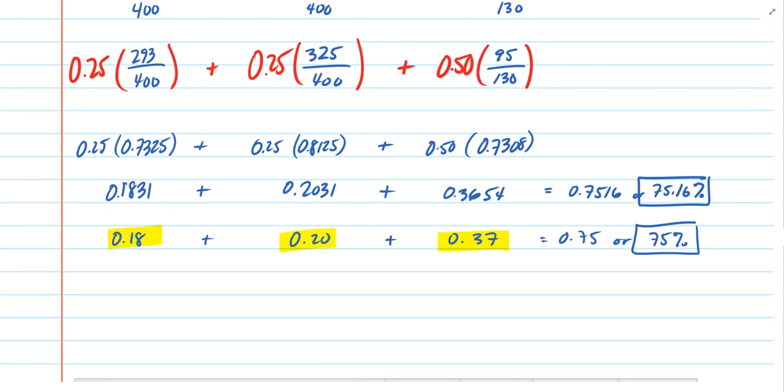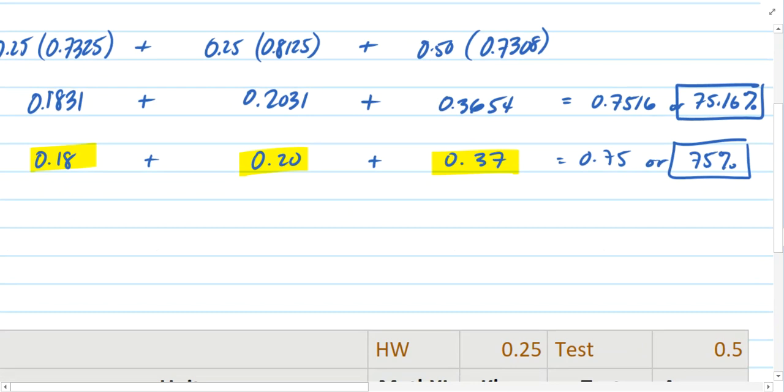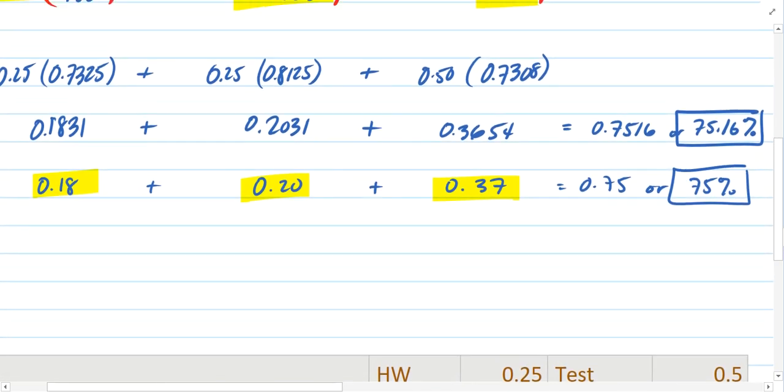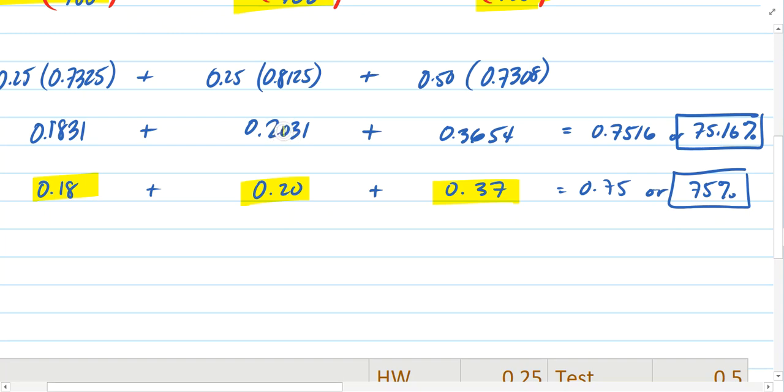In the examples in class, I actually rounded each of these numbers to the nearest whole percentage before I computed the final result. But as you can see here, when you compare the two, there really isn't that much of a difference. By the time you get to the 3rd or 4th decimal point, we don't change the overall value of a percentage score all that much.